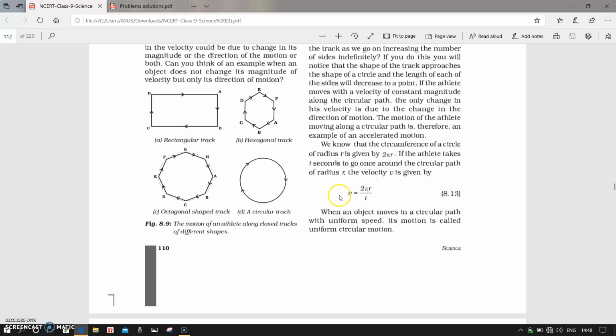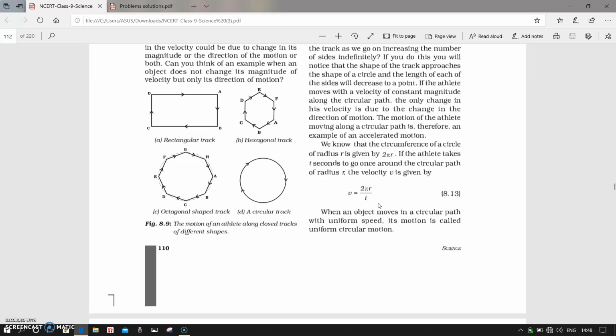Its direction is along the tangent of the circle. If it is moving clockwise, then the tangential direction is in the clockwise way. The tangent gives the direction of the velocity, and at every point the velocity is different, right?